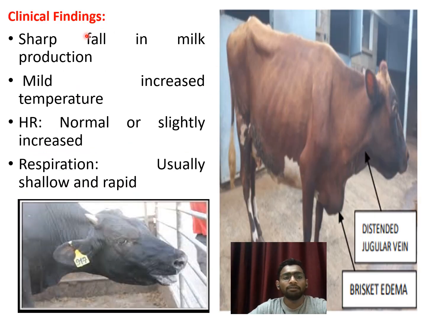Clinical findings for this TRP: what are the clinical findings? A sharp fall in milk production, so milk production will automatically decline, and a mild increase in the body temperature of the cattle. Heart rate will be normal or slightly increased. Respiration is usually shallow and rapid.